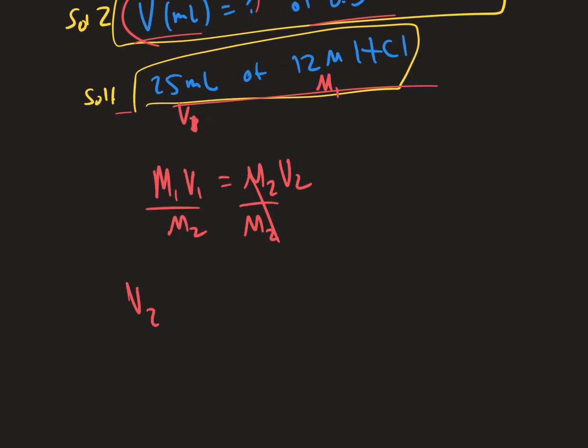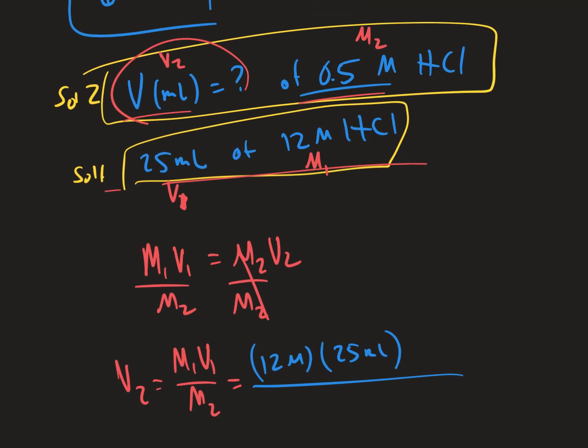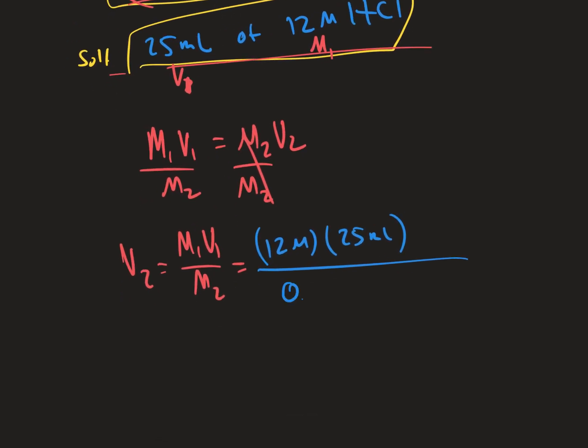And we got V2 is equal to M1 V1 over M2, which is equal to M1 is 12 molar concentration, V1 is 25 milliliters, divided by M2, which is 0.5 molar concentration. See that the molarity cancels, and that gives us 600 milliliters.